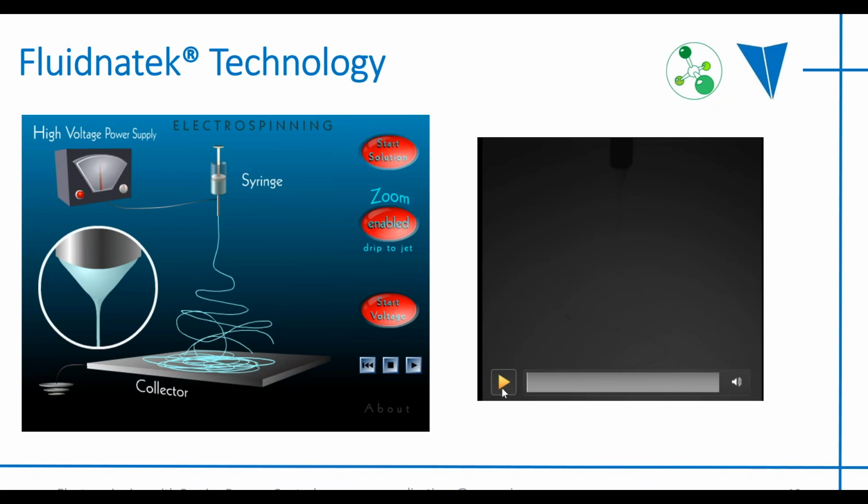are experienced by the droplet of solution at the tip of the needle. And the droplet changes shape into what we call a Taylor cone, the image on the left-hand side there. And from the tip of that Taylor cone, a solution jet is expelled from that droplet, and the jet undergoes interactions with the electrostatic field, which cause whipping instability, and that whipping stretches the jet at the same time as solvent is evaporating from the jet, and eventually the dry product is collected on a grounded or negatively charged collector.